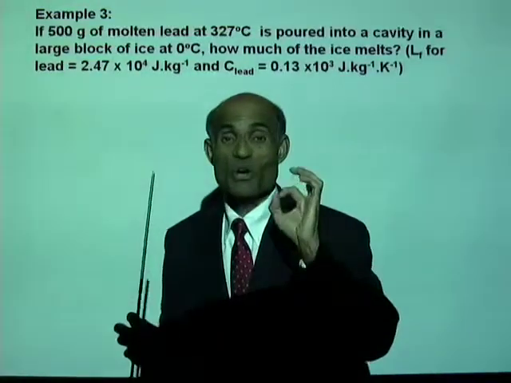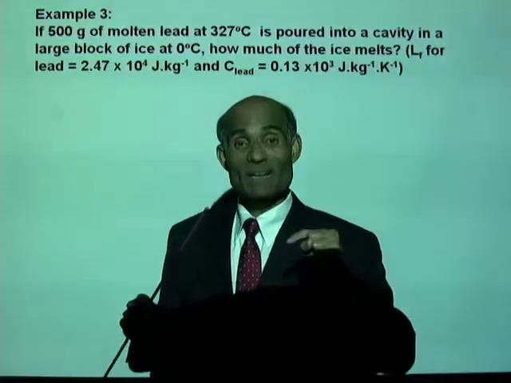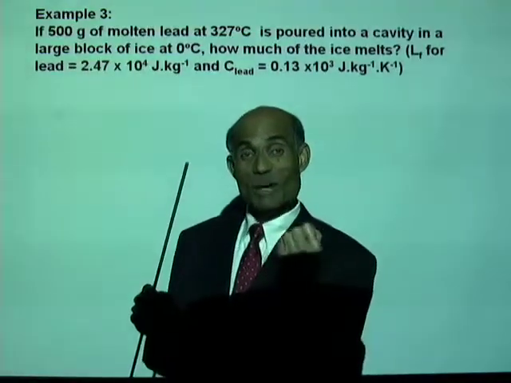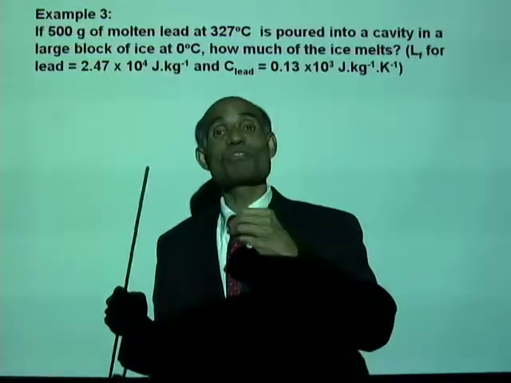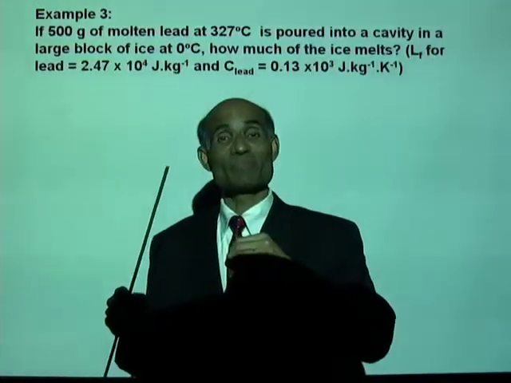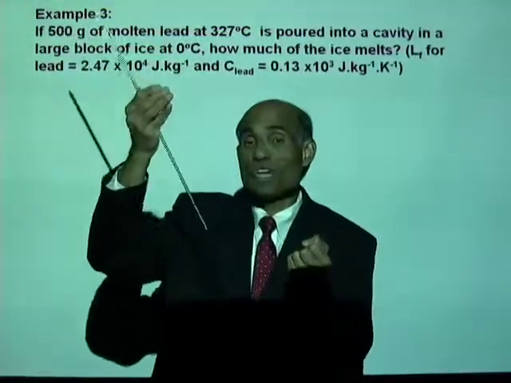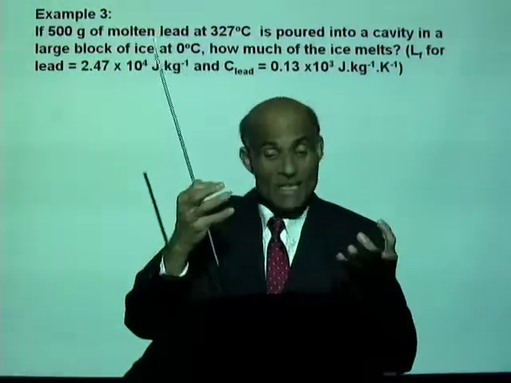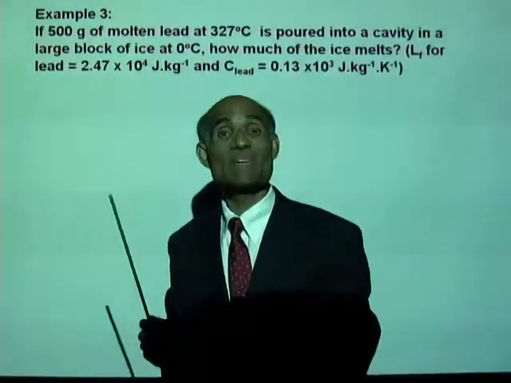No. So if m kilograms of ice gets melted, the amount of heat absorbed will be m times latent heat of fusion of ice. You see? And you can now equate the two. The amount of heat lost by lead equal to the amount of heat gained by ice.